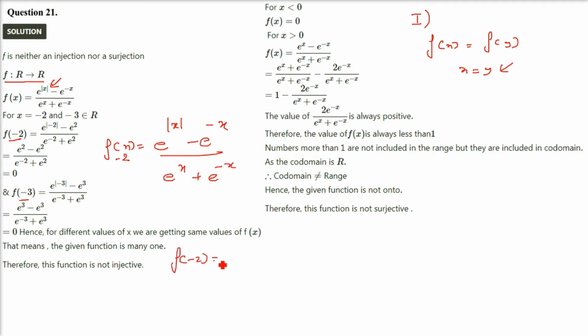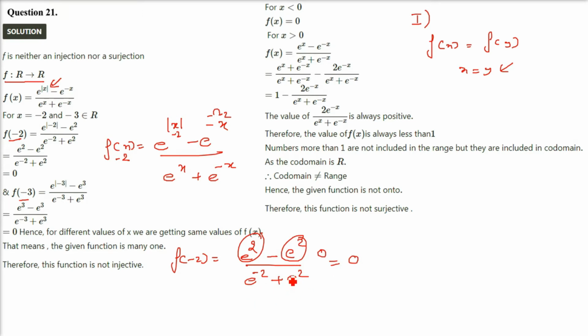Even if you put negative 1, negative 4, negative 3, the result remains the same. Here e raise mod of negative 2 is e raise 2, and e raise negative of negative 2 is e raise 2. Putting x as minus 2, the numerator has e raise 2 minus e raise 2, both the same values, so it will be 0. Don't worry about the denominator.